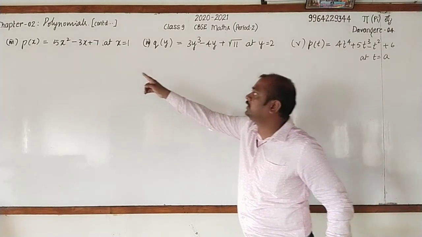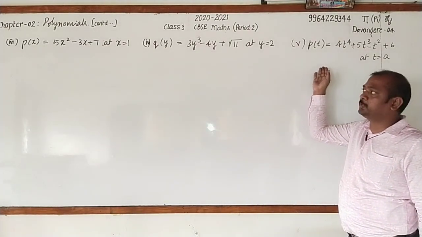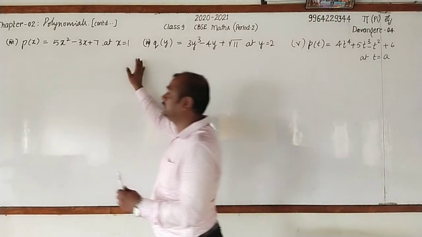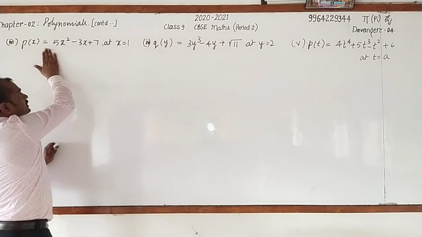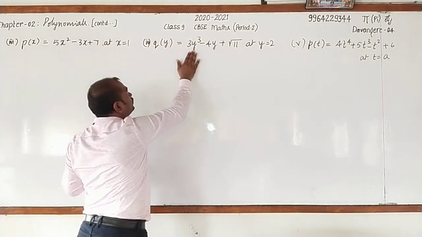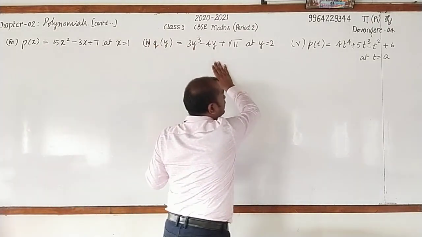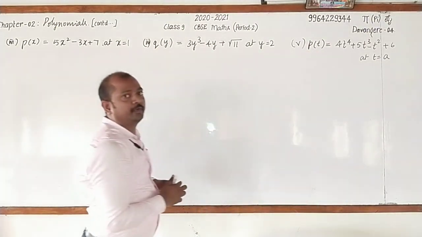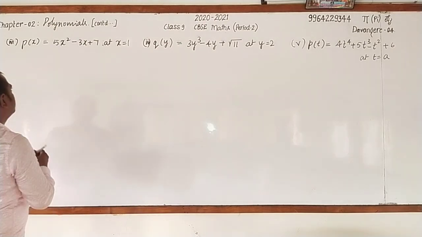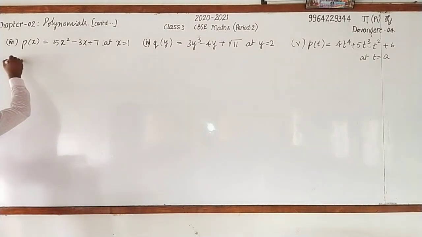Now let's go for finding the values of these three polynomials. They are given x equal to 1 for this polynomial, y equal to 2 for the fourth one, and t equal to a for the fifth polynomial. Very simple, just substituting.